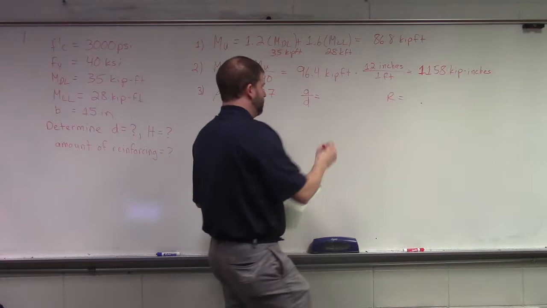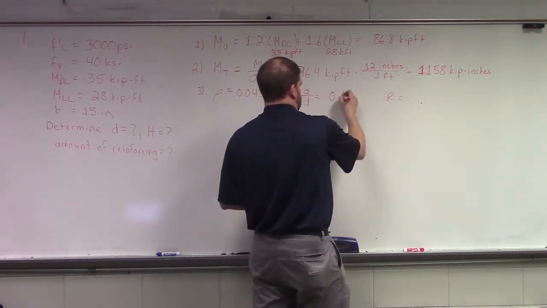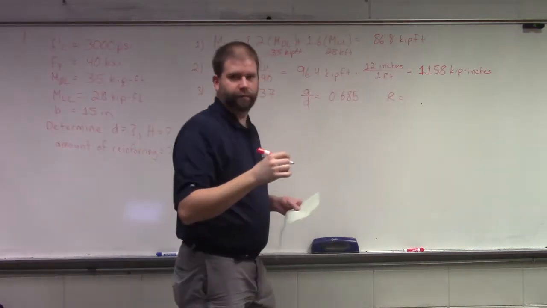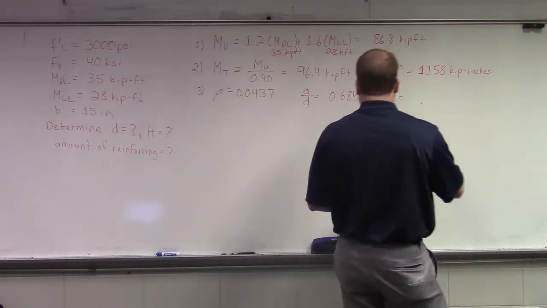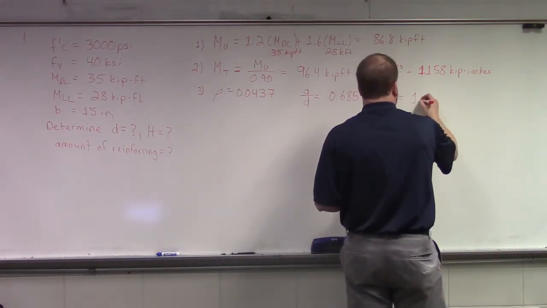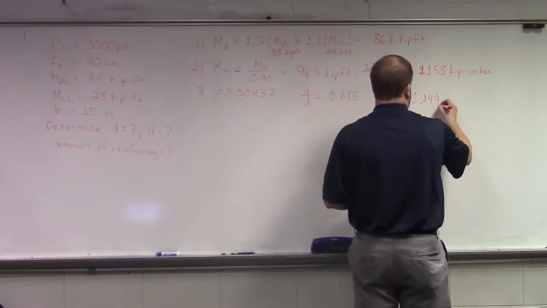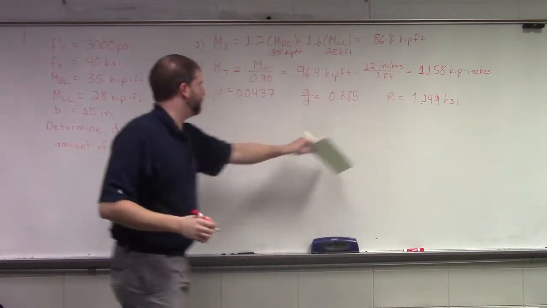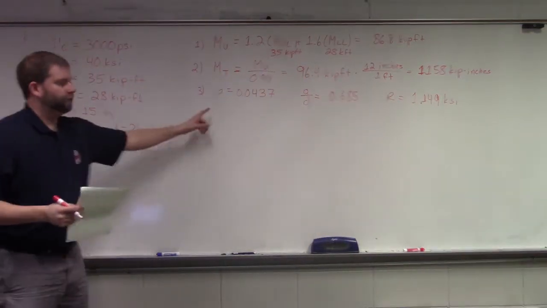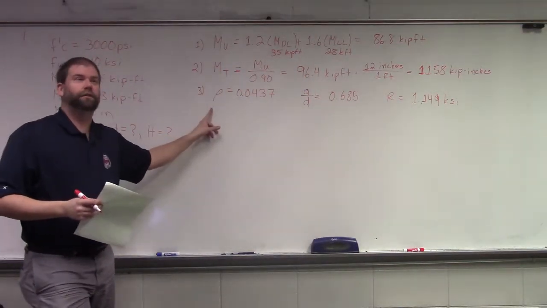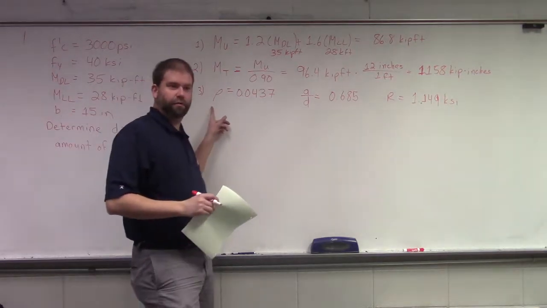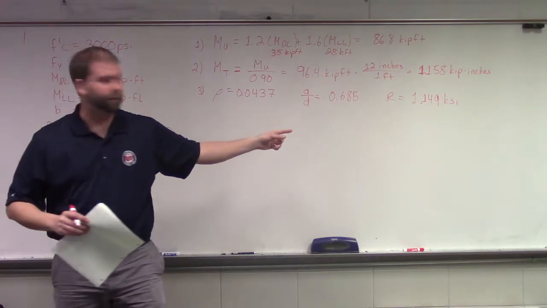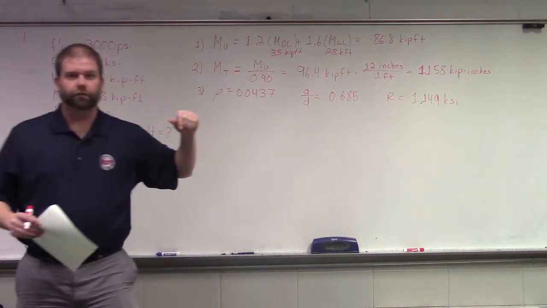A over d is .685. And R is 1.149. Remember that R is in units of ksi. Rho is unitless because it's a percentage, and a over d is also unitless. It's inches over inches.